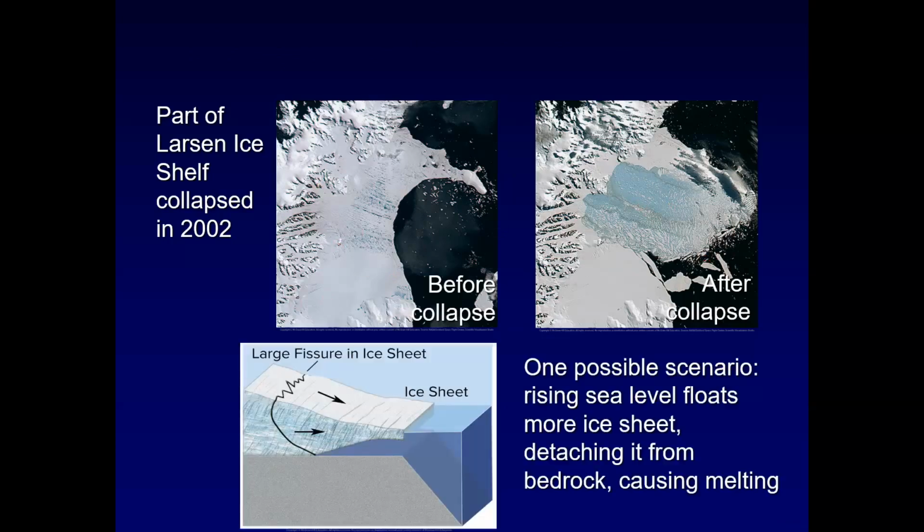Now, warming could melt more ice, and rising sea levels could float more of the ice sheets. So one possible scenario would be rising sea level floats more of an ice sheet. It detaches it from the bedrock with a large fissure in the ice sheet, causing melting. So more collapse. And we'll stop there for today.